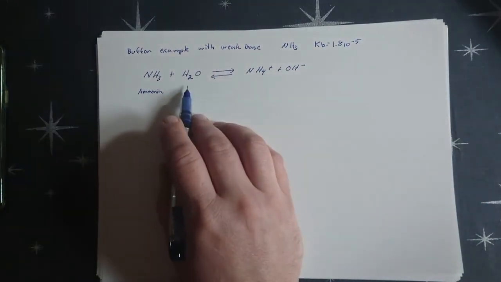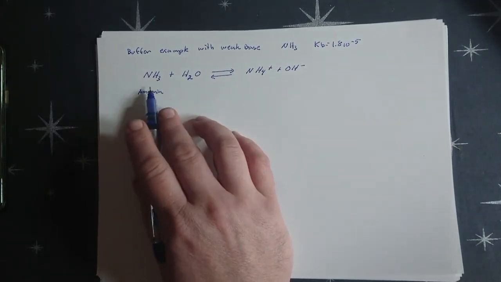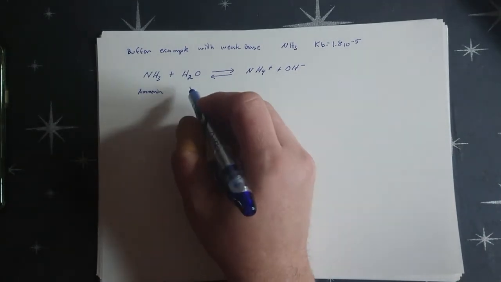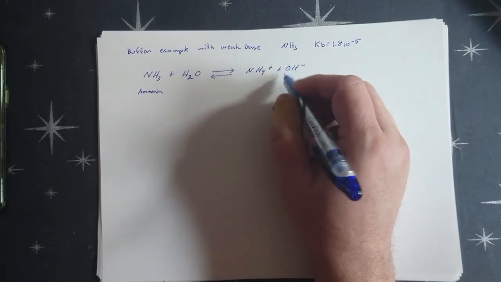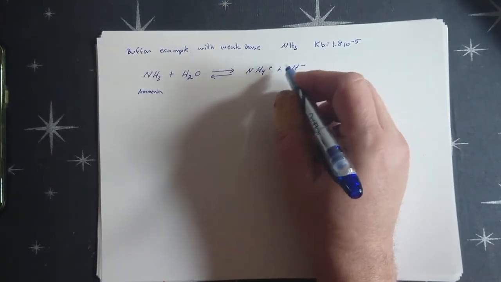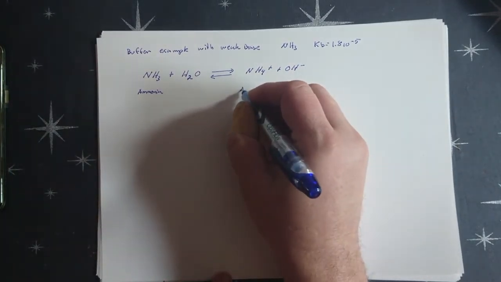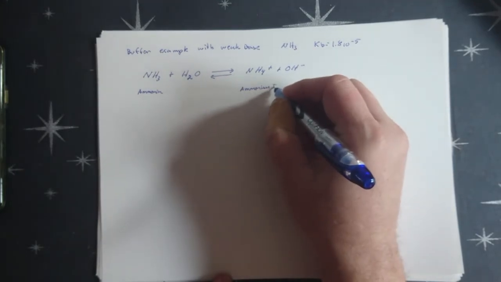The ammonia acts as a base by accepting the hydrogen from water, so it's a proton acceptor, so it's a base, and it also increases the amount of OH minus in solution, so it also behaves like an Arrhenius base. This is ammonium ion.